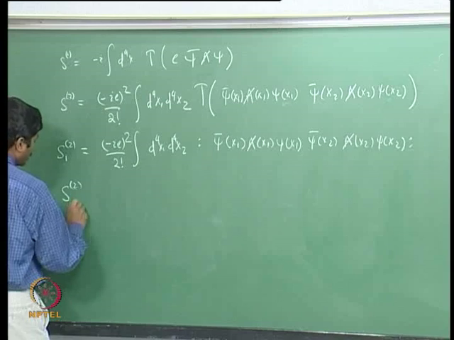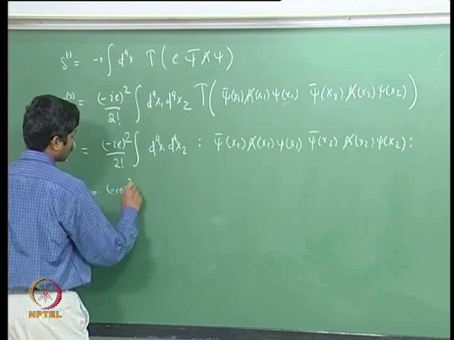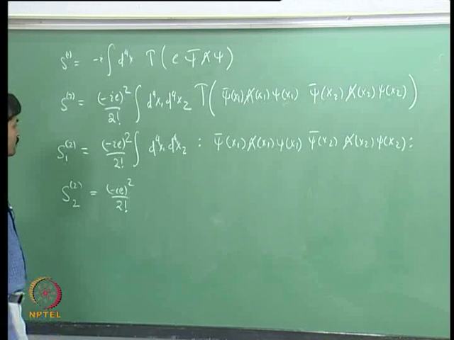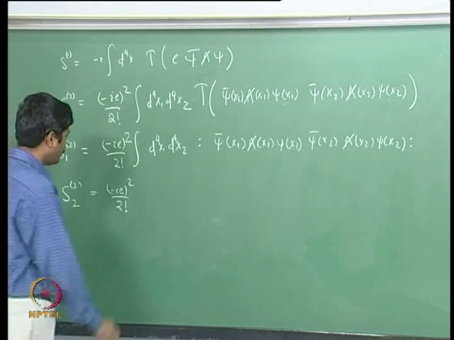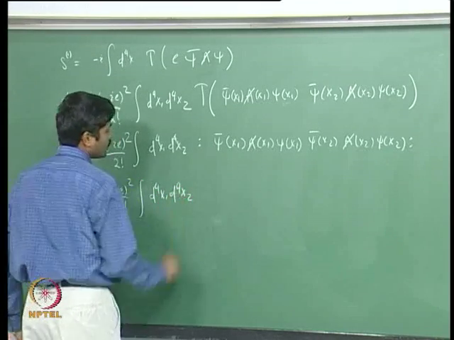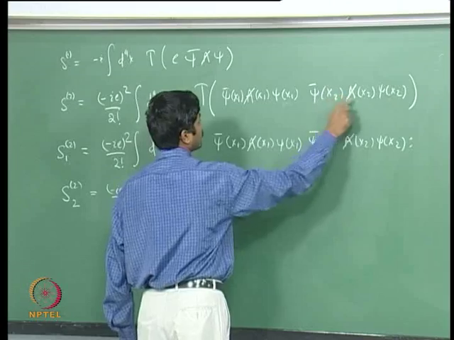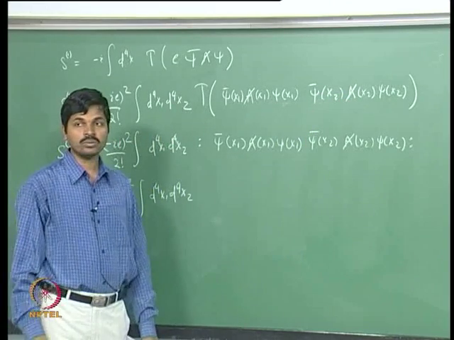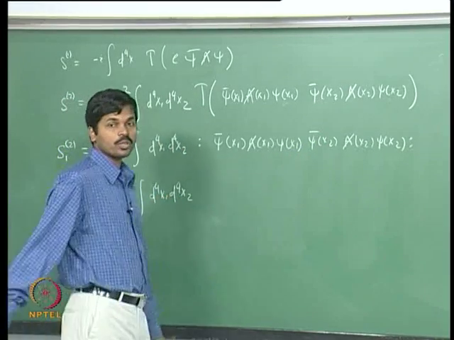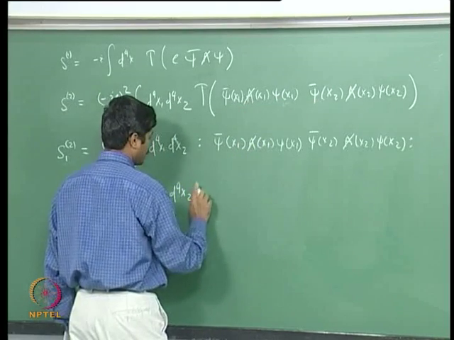So, S22 I will call, S22 is minus i squared over 2 factorial integration d4x1 d4x2. So, there are three contractions, out of which one involves the contraction of A x1 with A x2, the other two terms involve contraction of the fermions. So, I will group the contraction of fermions into one term and then the contraction of the gauge fields I will write as a separate term.